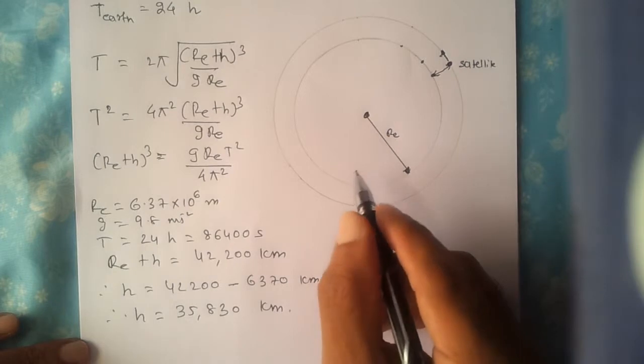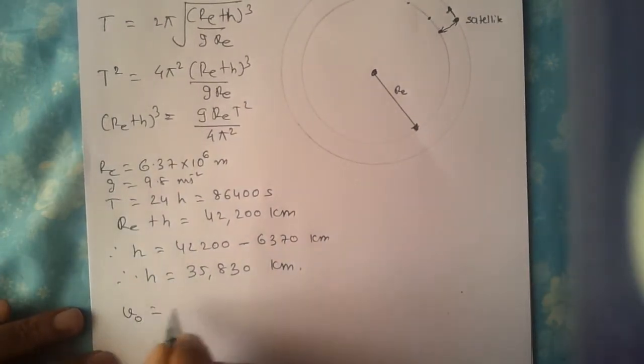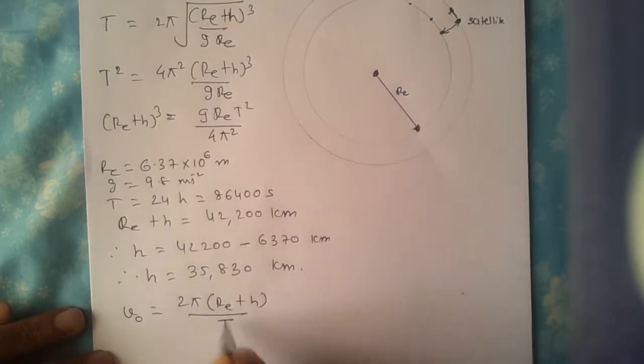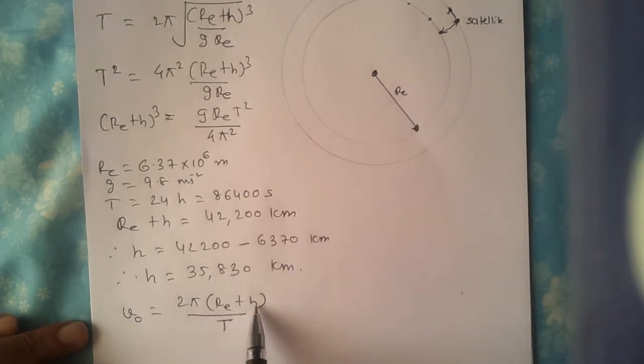And let us also look at v0. Now v0 we know is 2 pi (RE plus h) upon T. So for a geostationary satellite, T is to be taken as 24 hours. RE and h are known.